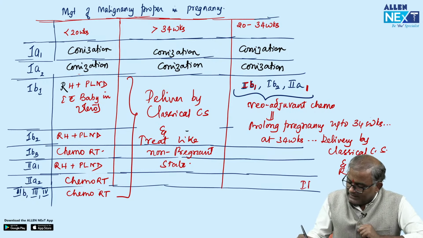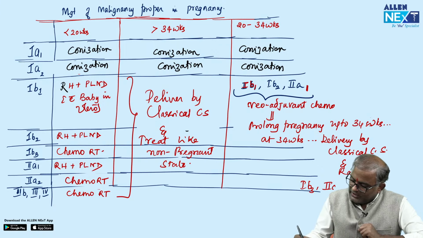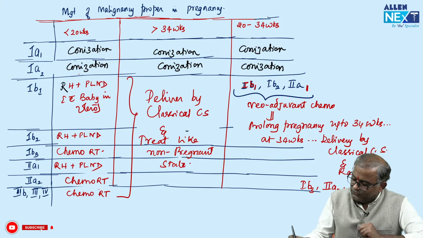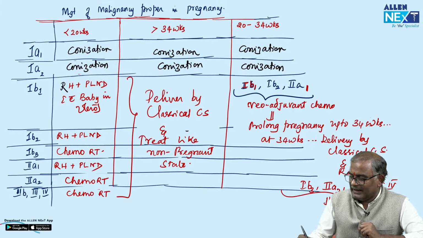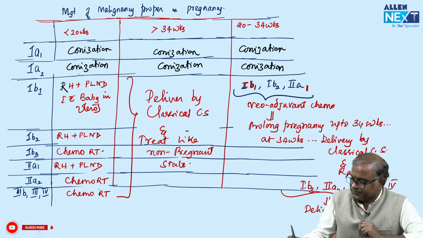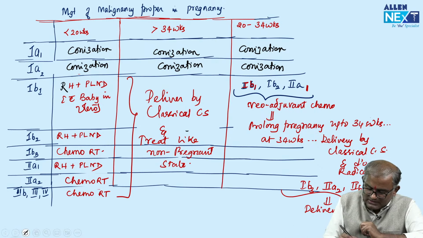What about 1B3, 2A2, 2B and 3 and 4? For 3 and 4 we will deliver by hysterotomy. Take down, doctor, we will deliver by hysterotomy.